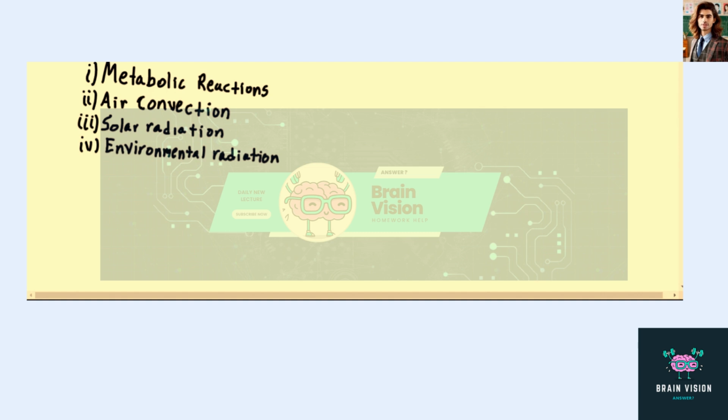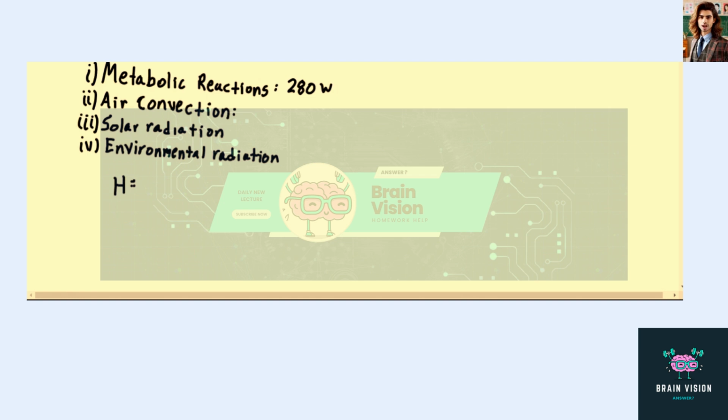We're told that the rate at which the person's skin is heated by metabolic reactions is valued at 280 watts, so that rate is given to us. The heat from air convection is given to us via an expression of the following nature.